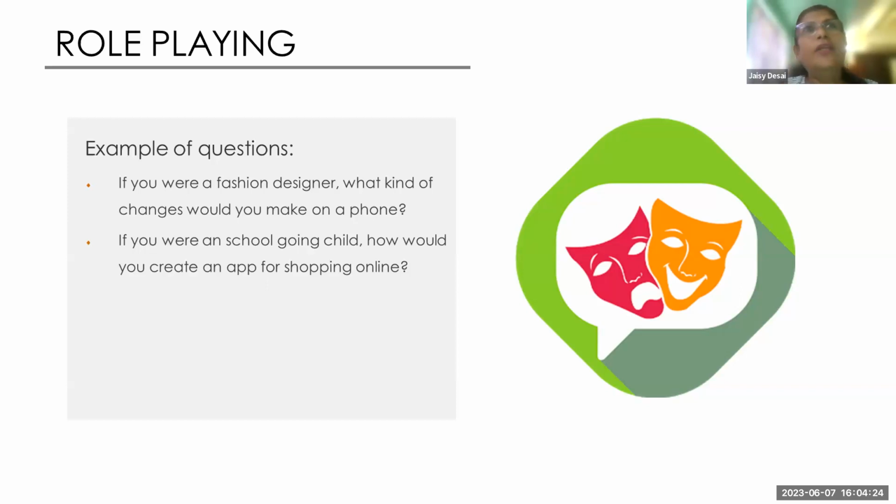What kind of changes would you make? If you were a school-going child, how would you create an app for shopping online? If you were a housewife, how would you create an app, as compared to if you were a young 30-year-old IT geek?